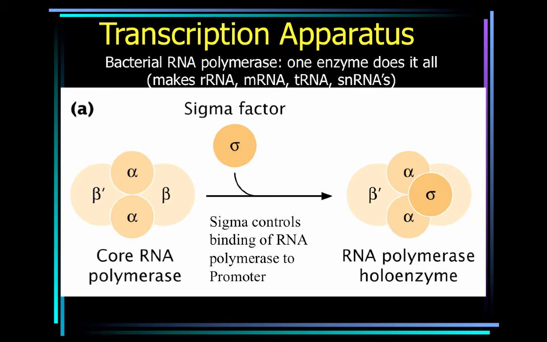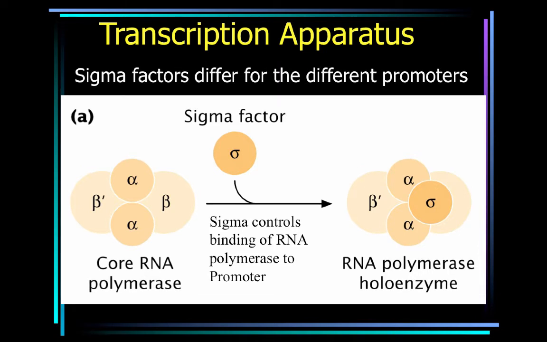So sigma controls the binding of RNA polymerase to the promoter region of the transcription assembly. And so having that RNA polymerase holoenzyme actually formed is a key component to starting this transcription process.